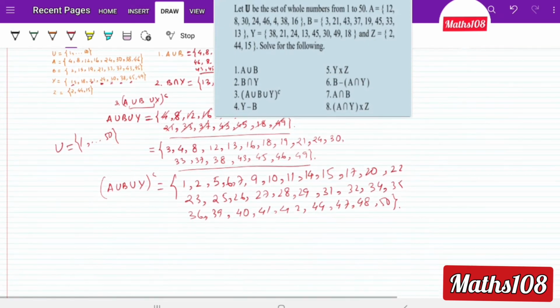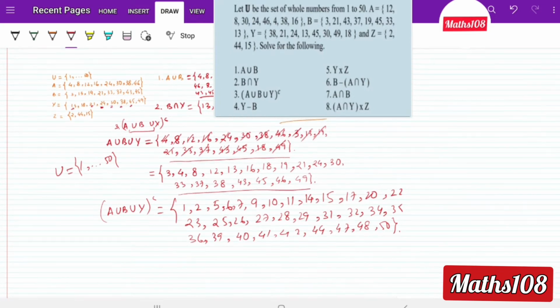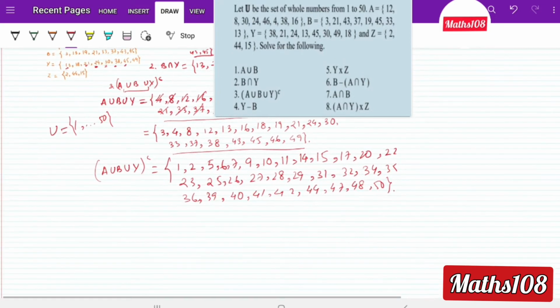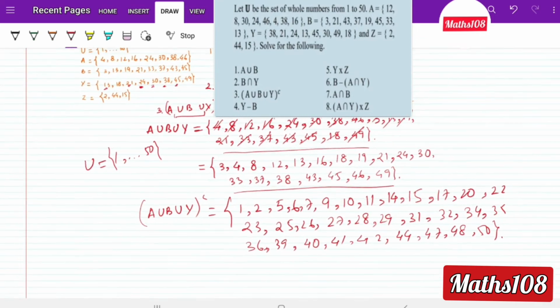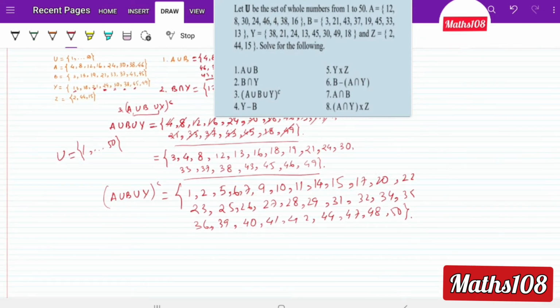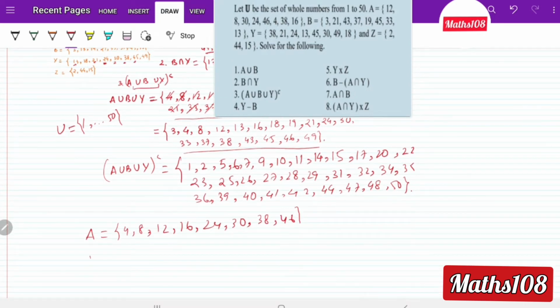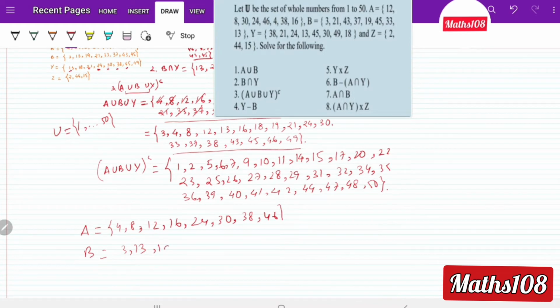So yeah, again let's write these terms. A equal to 4, 8, 12, 16, 24, 30, 38, 46. B equal to 3, 13, 19, 21, 33, 37, 43, and 45.